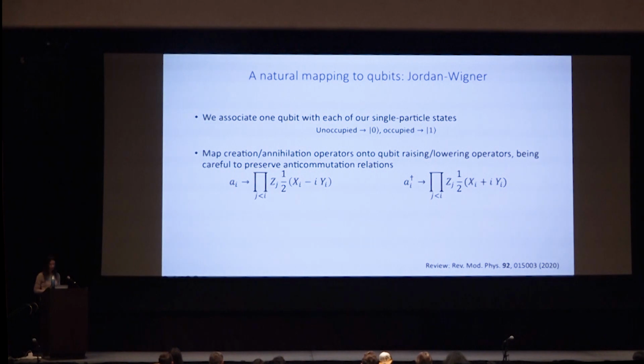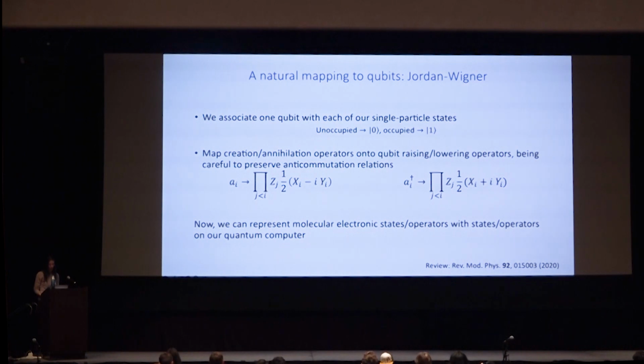And we'll do that by having these Z strings, these operators over here, which act on all the qubits that are numbered below the one you're looking at. Right? So this allows you to respect fermionic statistics. So this is a very quick overview of how we map fermions to qubits. There are other ways. I'm just going to stick to this for this talk. And this stuff we do no matter what kind of algorithm we use.